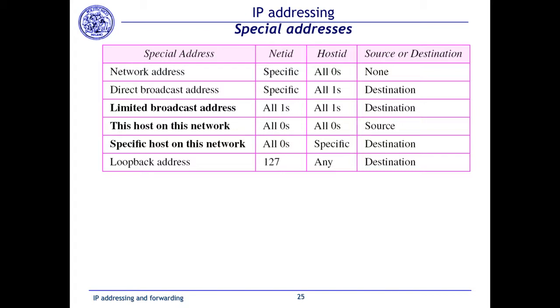It means forward the packet to all the hosts, and it can be used as destination address. Actually, most networks do not support this function, because otherwise you can easily saturate networks by sending this kind of packets.